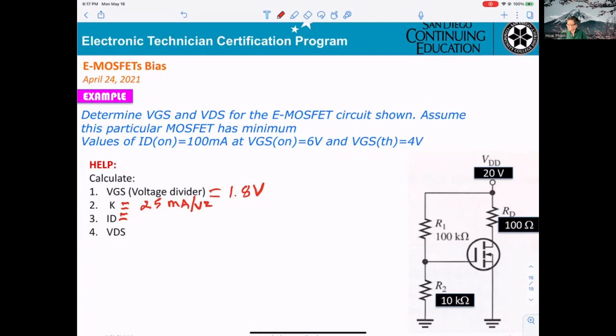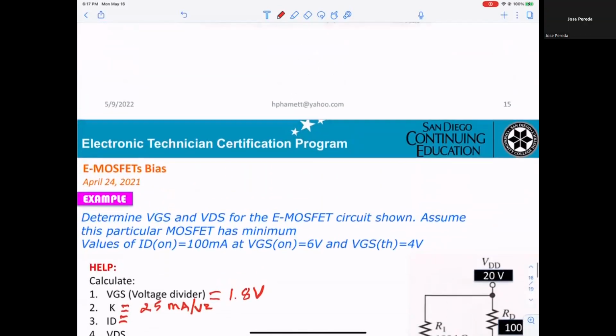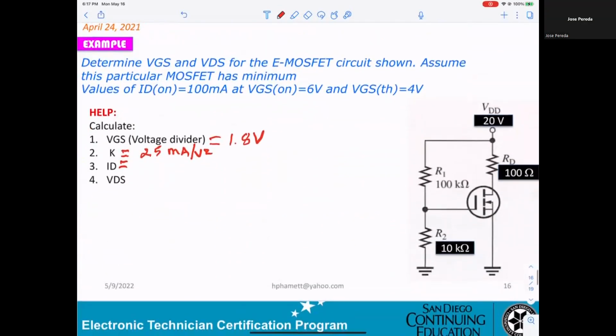ID. So 100 milliamps? What does ID equal? 100 milliamps?